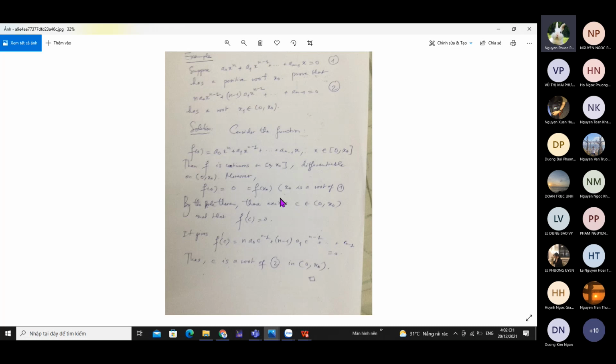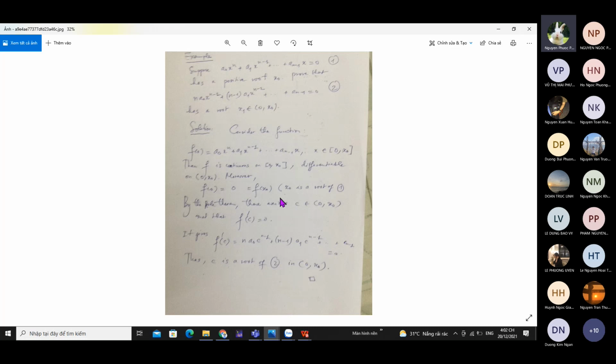It is differentiable everywhere, right? So we consider the function f on the closed interval [0, x0]. Keep in mind that x0 here is a positive root of equation 1. So the function f is continuous on the closed interval [0, x0] and differentiable on the open interval (0, x0), because f is just a polynomial.